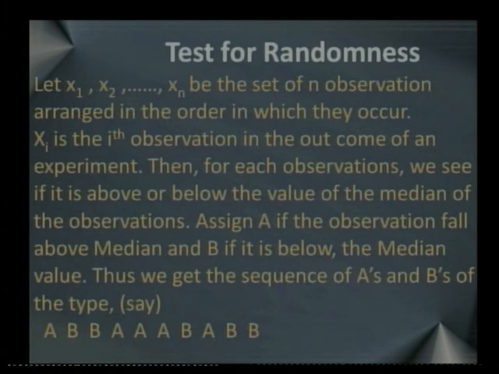Thus we get a sequence of A and B, of the type A, B, B, A, and so on. After the first symbol A, the first run is completed, then comes the next symbol, the next run is completed, and so on.